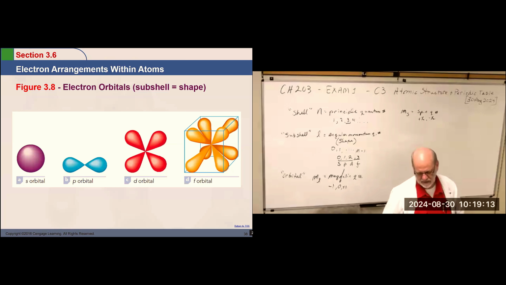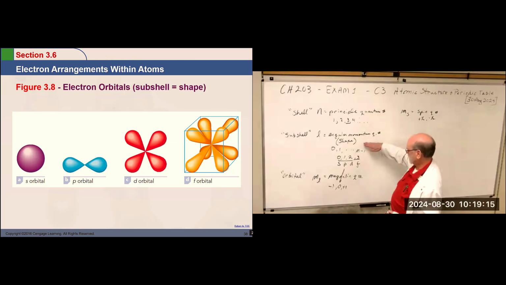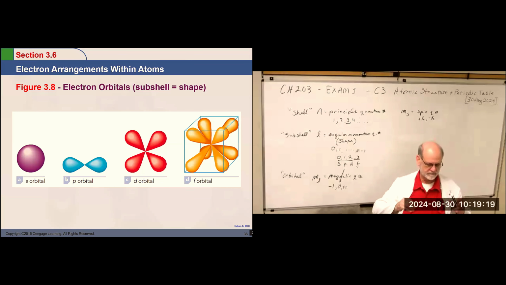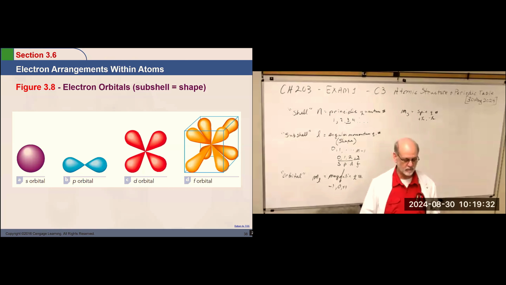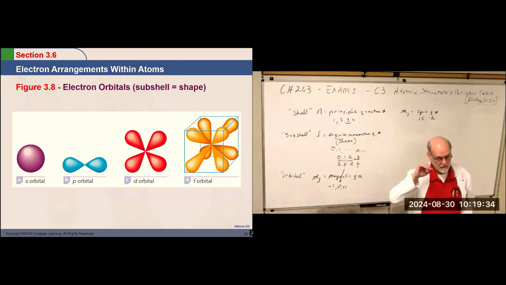Those are some shapes, angular momentum, SPDF. S's are spherical, P's are dumbbell shaped, D's are double dumbbells. Actually, D's can have some donuts in there too. And then F, they get ridiculous. Now, these shapes are not observed.